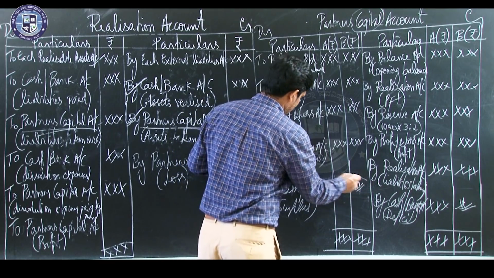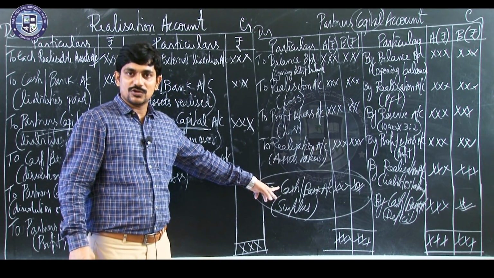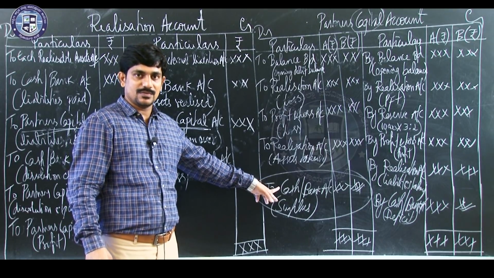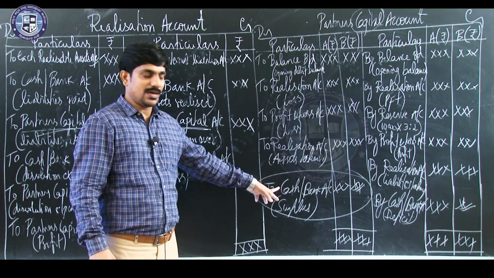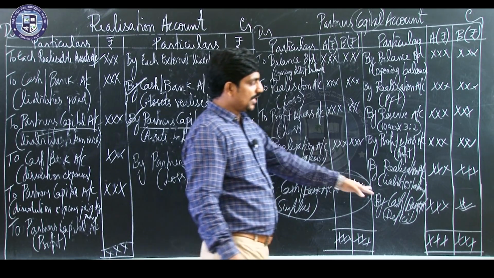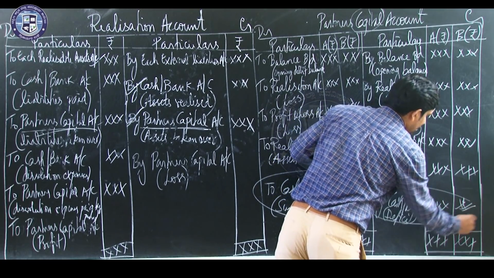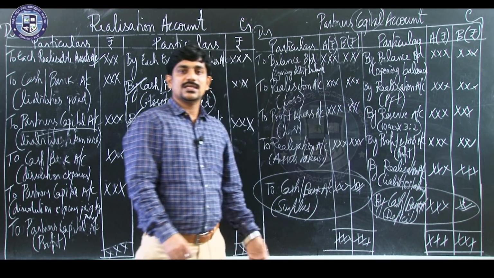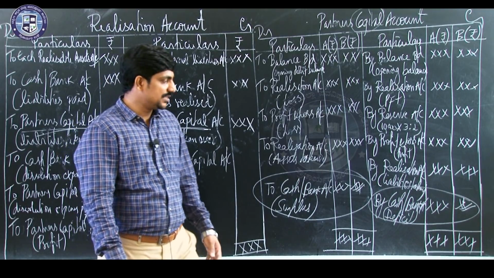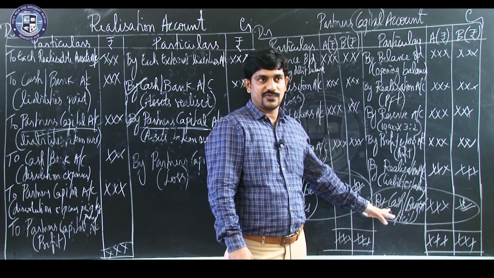If the balance is written on the debit side, then the partner's capital account shows a surplus balance. Credit balance means surplus balance, so the partner will receive money from the firm. In case it is a debit balance, then it is a deficit balance, which means the partner's capital account shows a minus balance and the partner has to pay the amount to the firm.